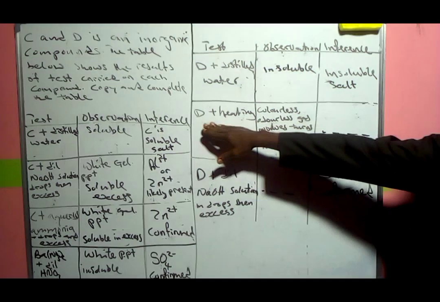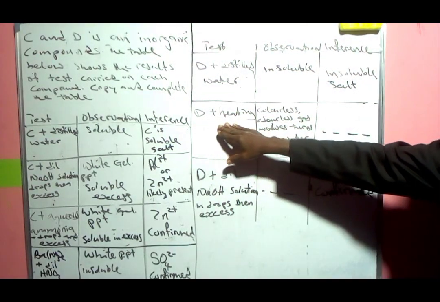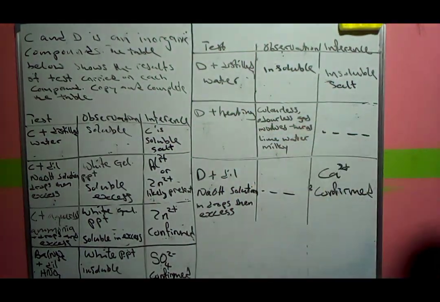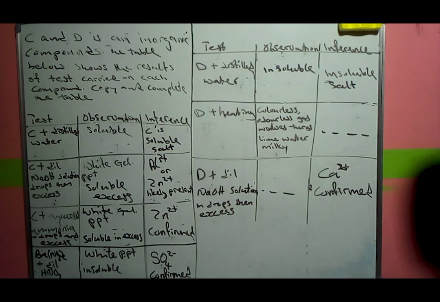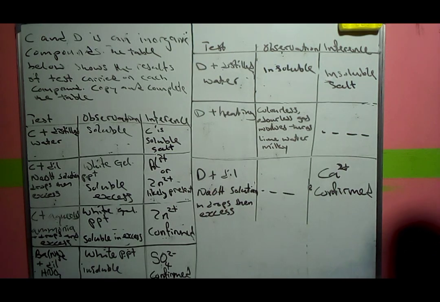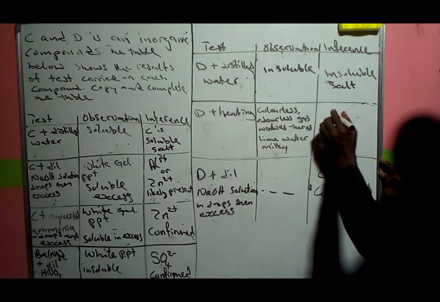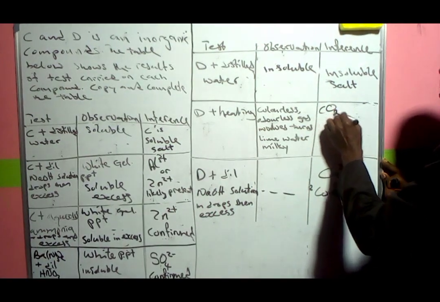So in this other end of it, we have D plus dilute acid, we have a colorless, odorless gas evolved, which turns lime water milky. There's only one gas that can do that, which is carbon dioxide gas.